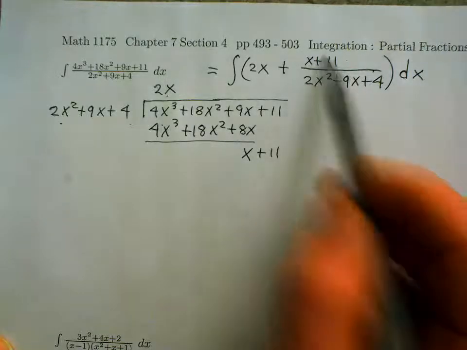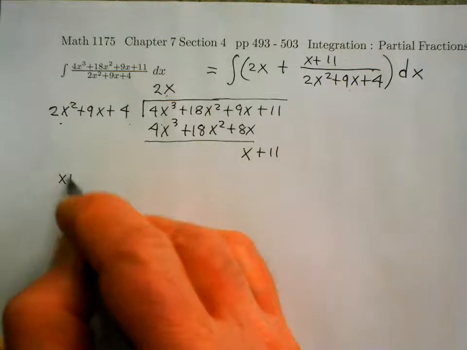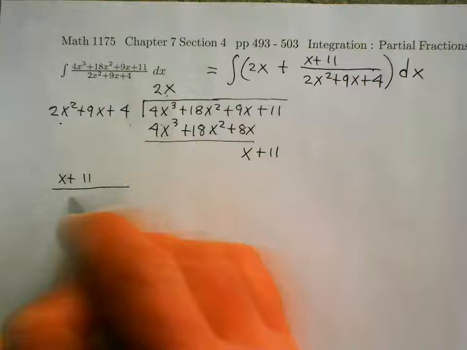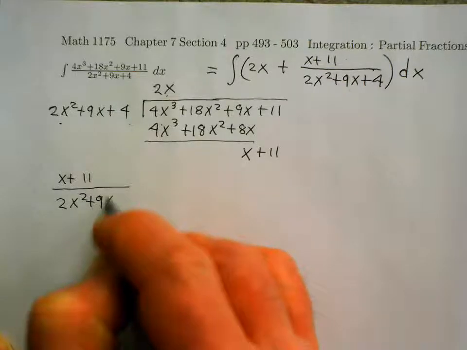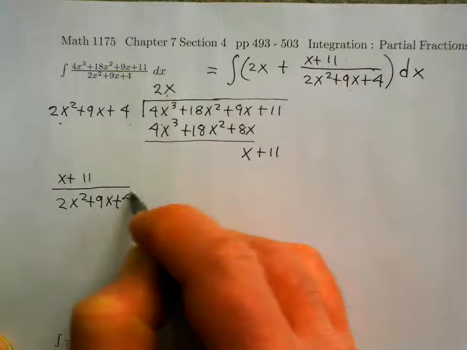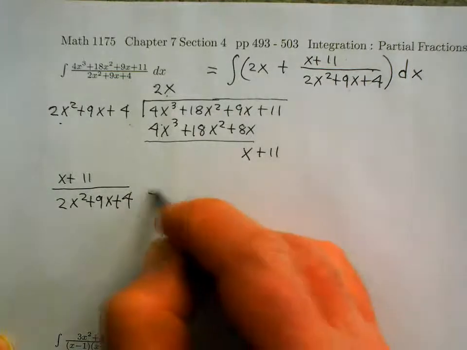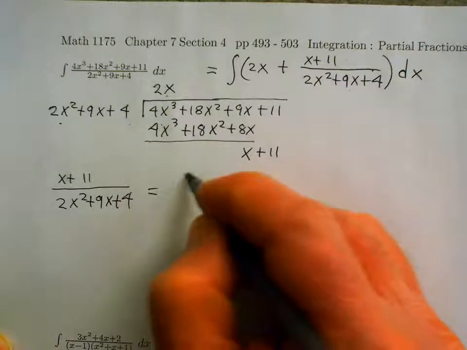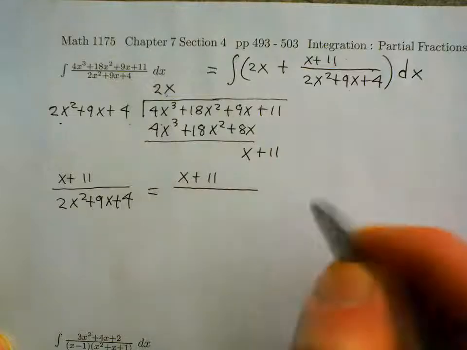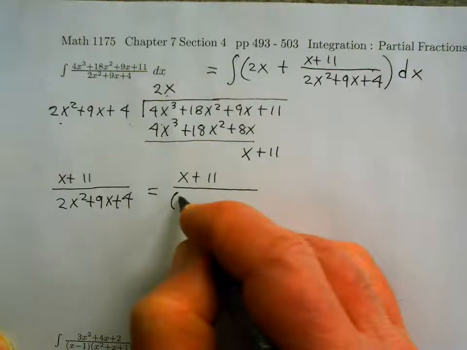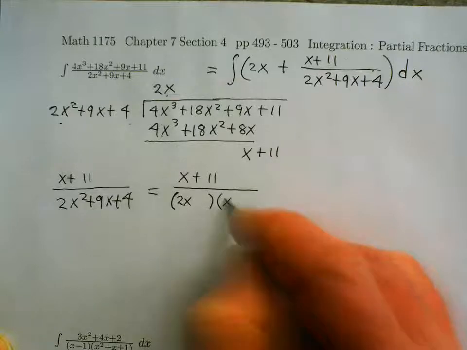Okay, so let's do the work on that. x plus 11 over 2x squared plus 9x plus 4. The denominator factors pretty nicely. So we can just grope a little bit to find the two factors.